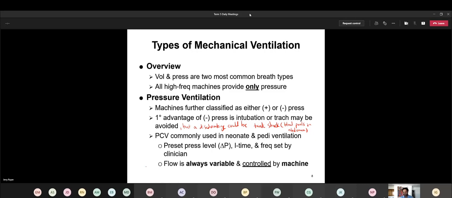So that's the thing. Some patients will experience tank shock and others won't. It won't necessarily be much of a big deal.